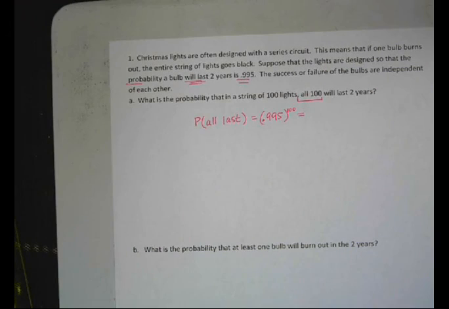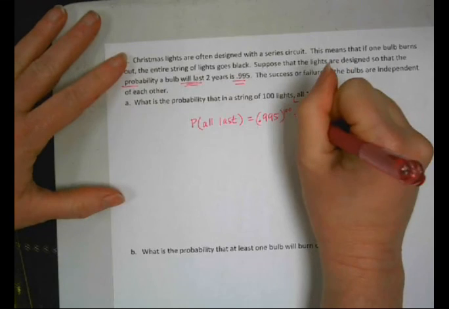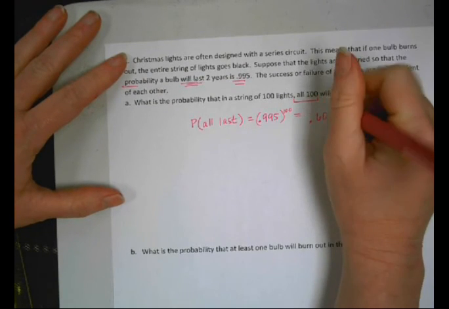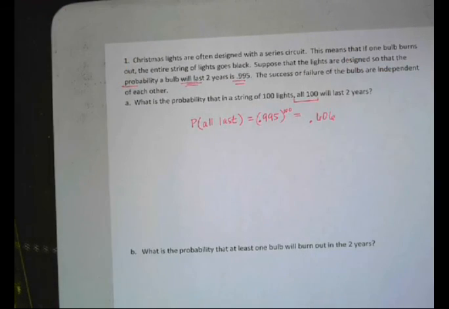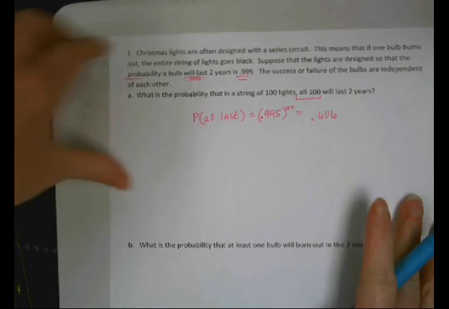That's 0.60577, about 0.606. All right. That explains why all the Christmas tree lights go out about 2 years into owning your Christmas tree.